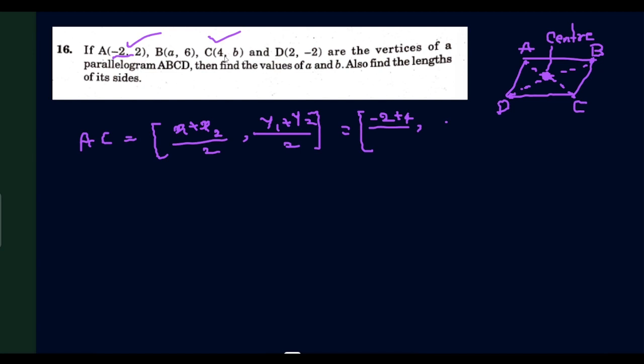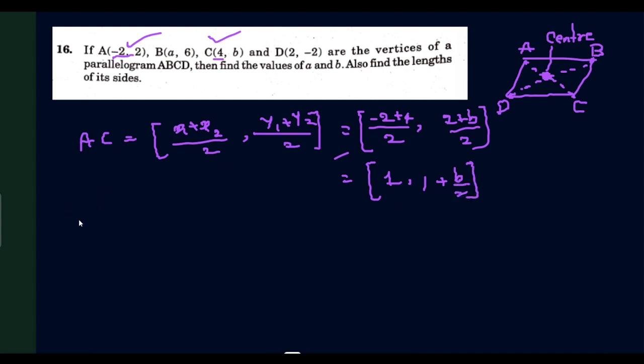So minus 2 plus 4 by 2 and 2 plus B by 2. Now here it is minus 2 plus 4, which is 2, by 2 is 1, and 2 plus B by 2. So we can write 1 comma 2 plus B by 2. Got it? This is AC's midpoint.